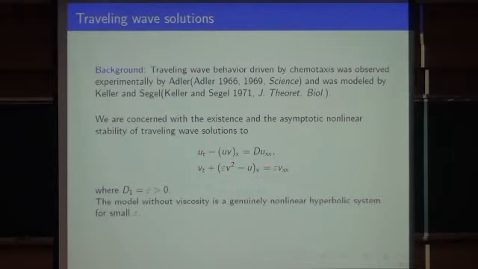Now we consider this Cauchy problem, and we can prove that the Cauchy problem solution exists. And as t goes to infinity, the Cauchy problem solution goes to the traveling wave solution pointwise. So this is the meaning of the stability we are talking about.